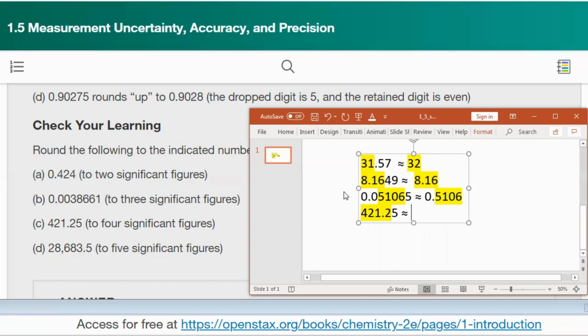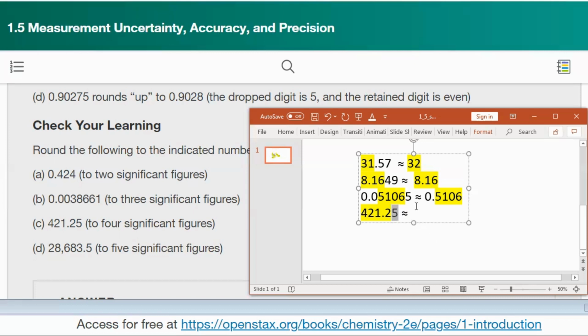So it says here, wants 4 significant digits. And so the number we drop will be 5 here. This 5 here that I just highlighted in gray. And in that case, if it is 5 and it doesn't have any non-zero numbers after it, we either round up or down the digit we're going to retain.